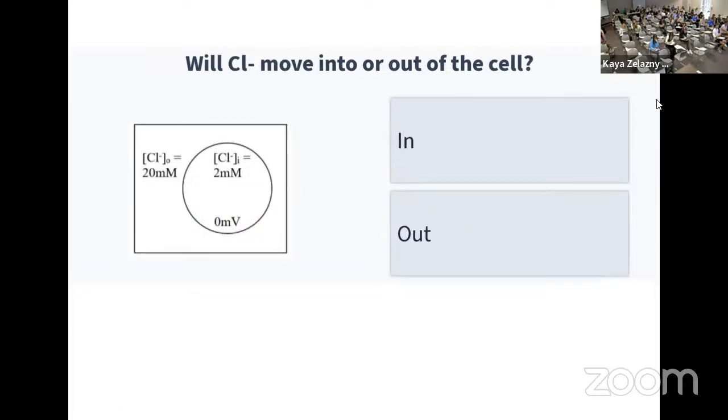Okay. So let's try a negatively charged ion to make sure that we can do this with all sorts of different charges.